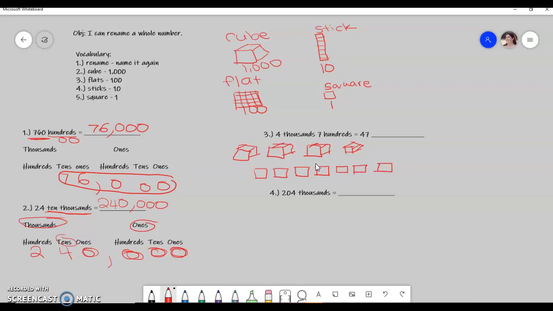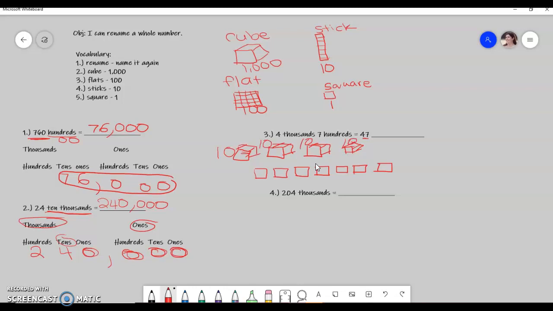Now, I'm going to write this number out. This is asking for 47 what? Well, how many hundreds are in the cube? There's 10 hundreds in here. There's 10 hundreds in there. There's 10 hundreds in there.